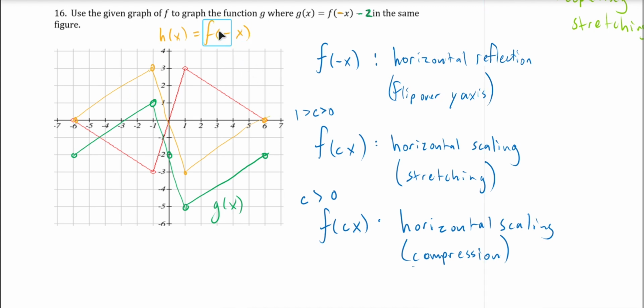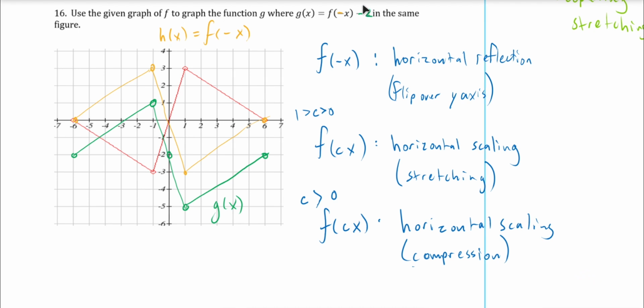Here I've drawn an intermediary to show what that looks like as a single transformation before then shifting down by 2 to get me my full g of x. Now, this can also be done with a number. Let's take some small positive number, in which case this would be called horizontal stretching. And multiplying by some number greater than 1 would be referred to as horizontal compression.